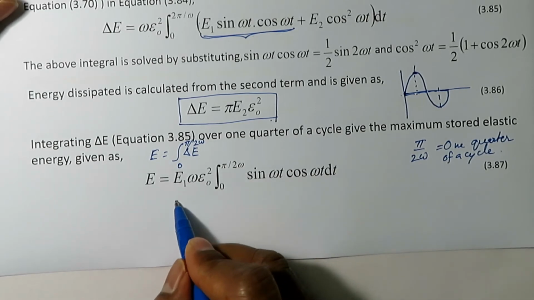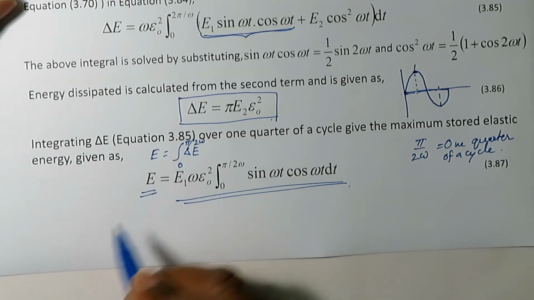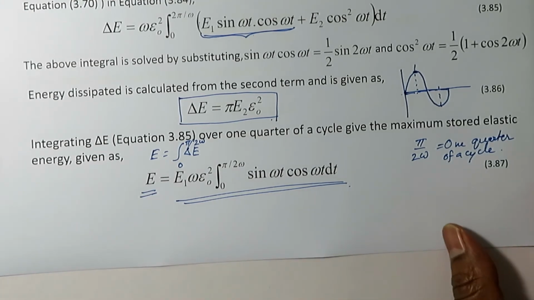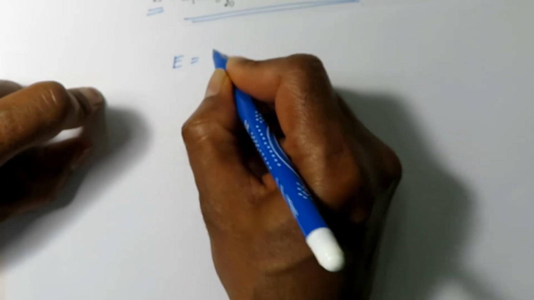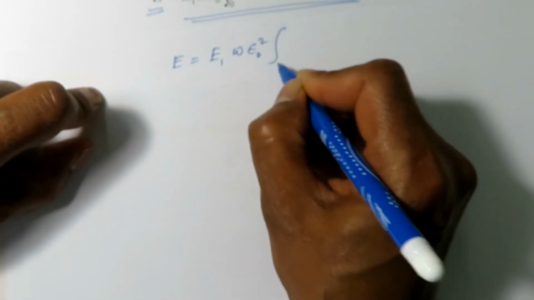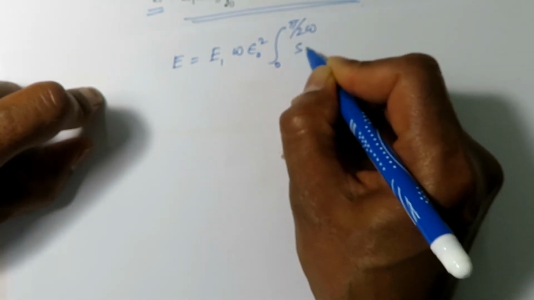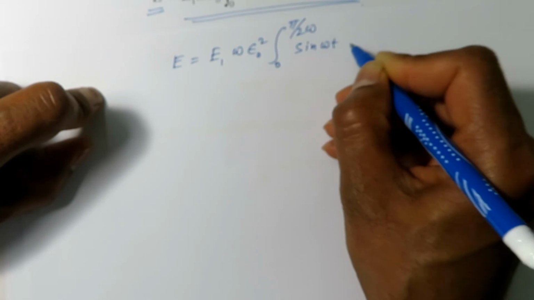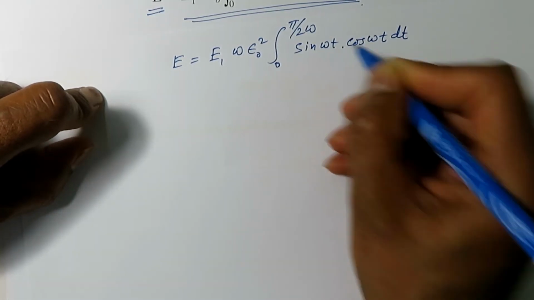Now again we will integrate this equation to find out the value of E. So E is equal to E1 omega epsilon naught square, integral from 0 to pi over 2 omega of sine omega t cos omega t dt.